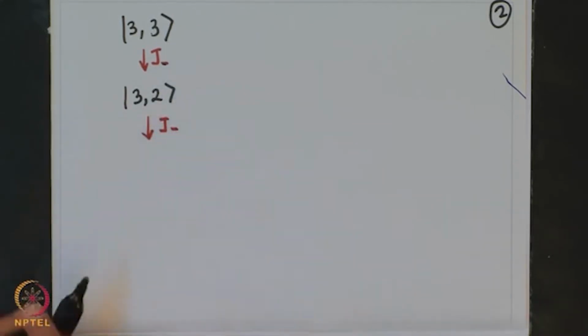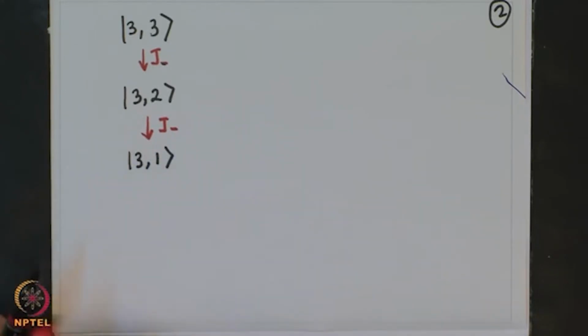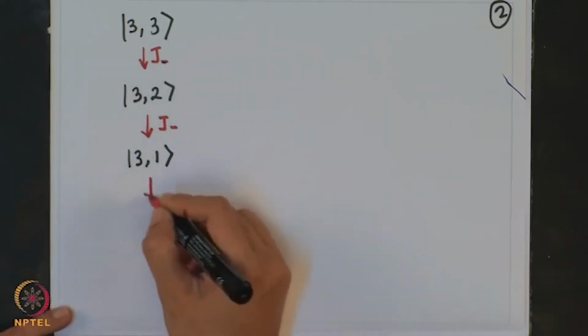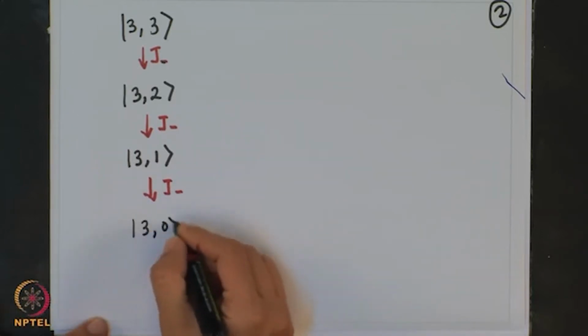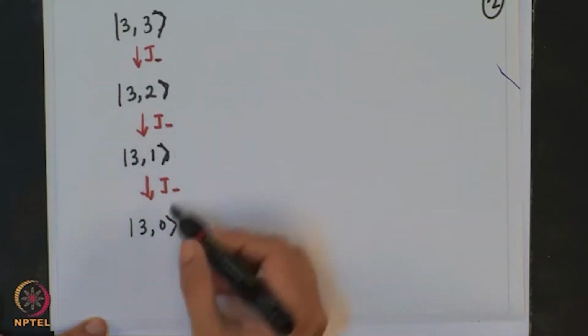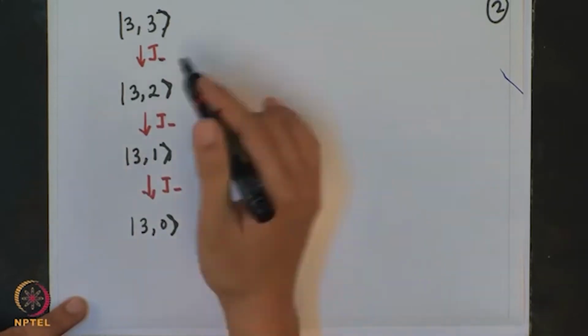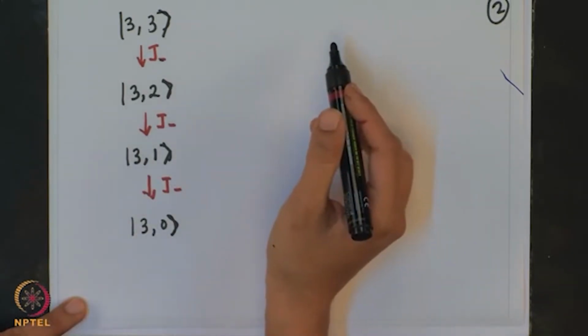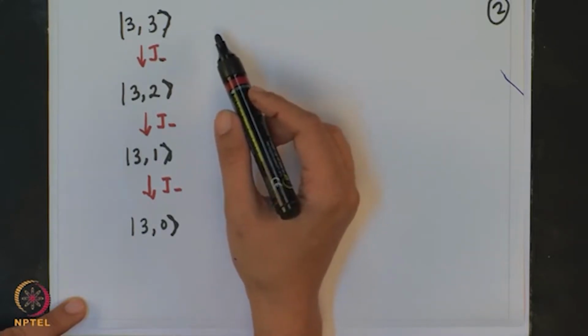You again go to the next lower state by applying it. So, repeatedly I am applying the ladder operation, this will give me 3 comma 0. These states you can obtain, these are all left hand side terms. Similarly, the corresponding right hand side terms you will obtain. Okay, you have seen this in the calculation of CG coefficients.